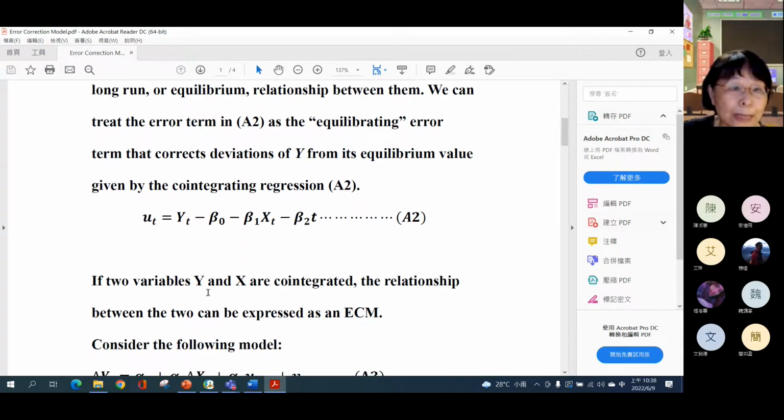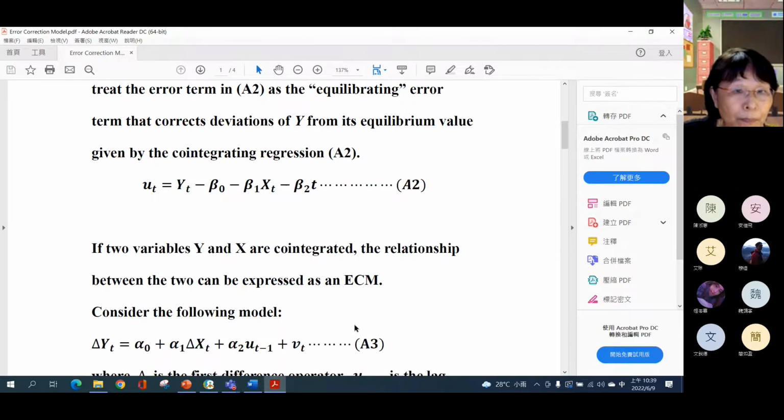We say that if two variables x and y are co-integrated, the relationship between the two can be expressed as an error correction model. So what do we mean by error correction model?